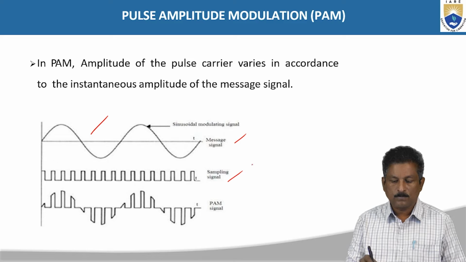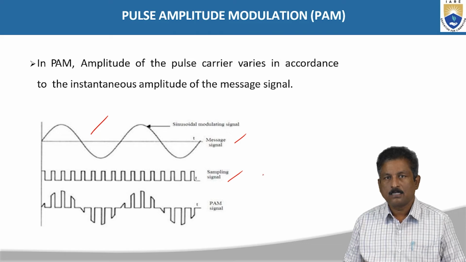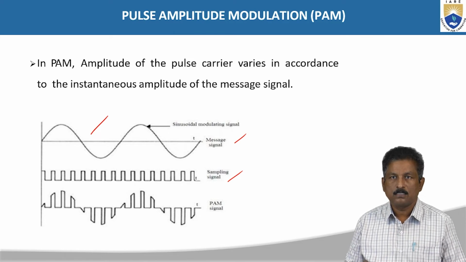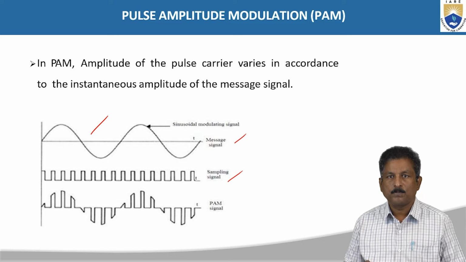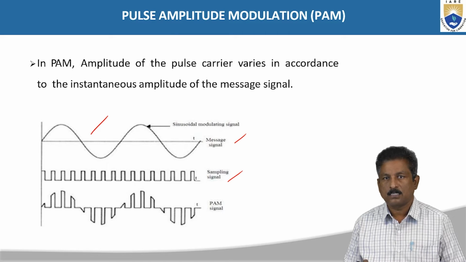Then, because it is a pulse modulation technique, a train of pulses, as you discussed in the previous slide also, can be used as a carrier signal here, because we have taken the pulse modulation techniques.